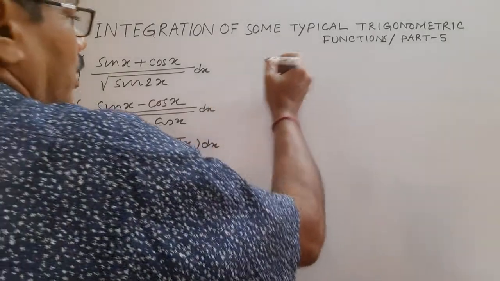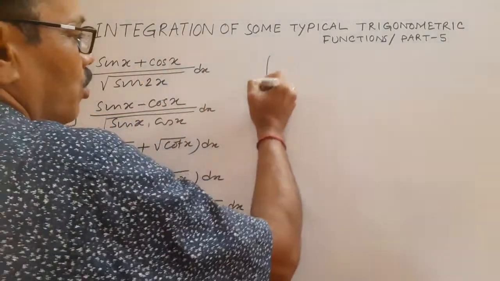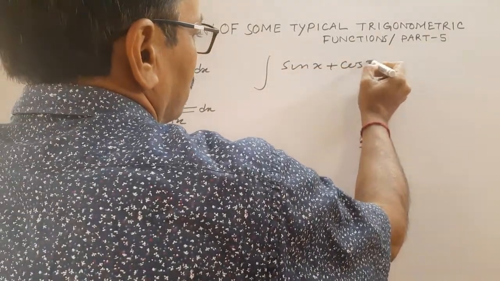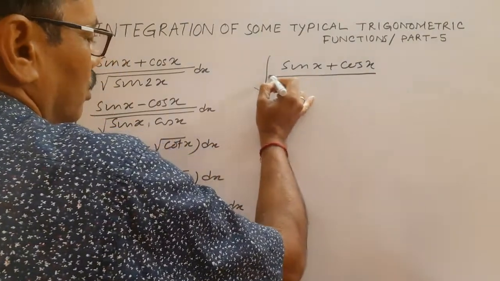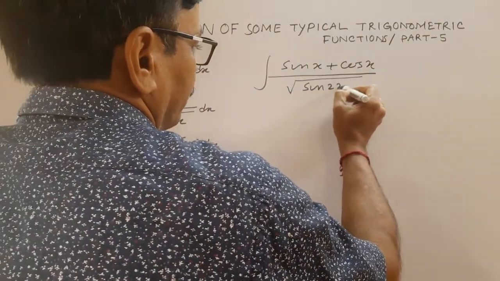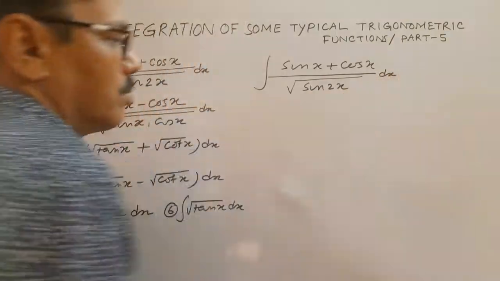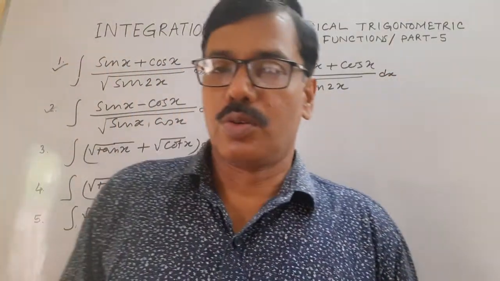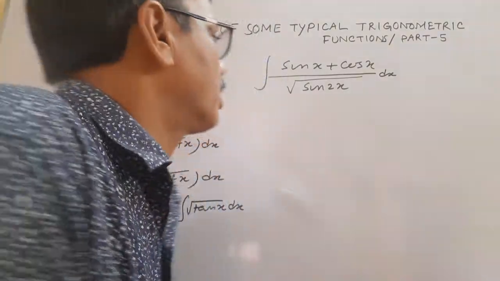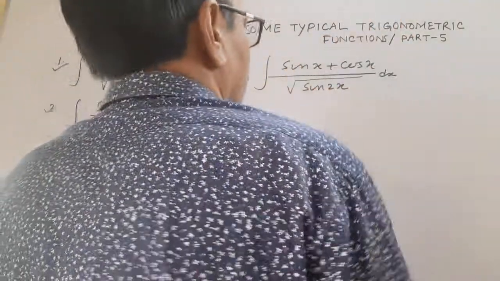So, number 1, sin x plus cos x by root over sin 2x. We want to put a transformation so that we get sin x plus cos x.